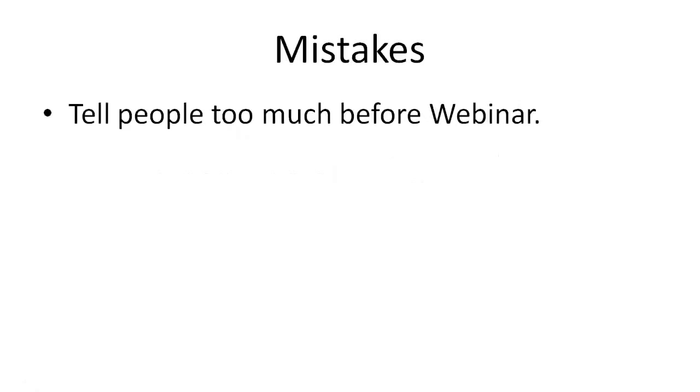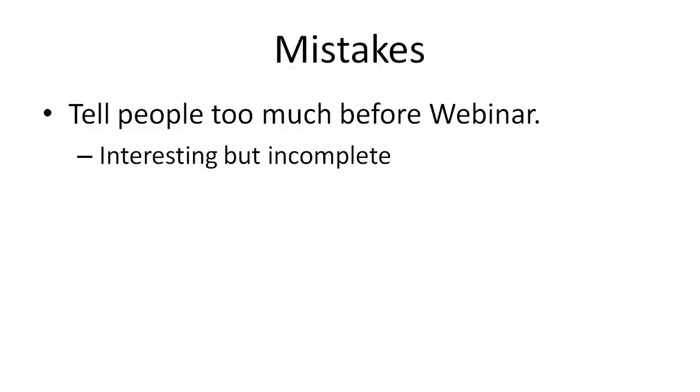Well, first of all, we tell people too much before the webinar happens. What I mean by that is you might give too much information about what is on the webinar. You might give a little bit to build curiosity, just a few benefit points, what's going to happen, a general idea that's interesting but incomplete.